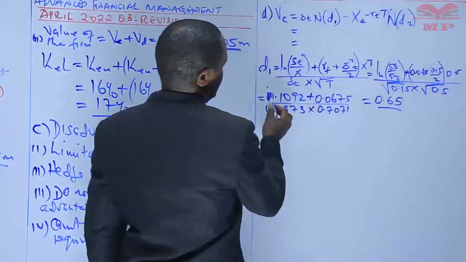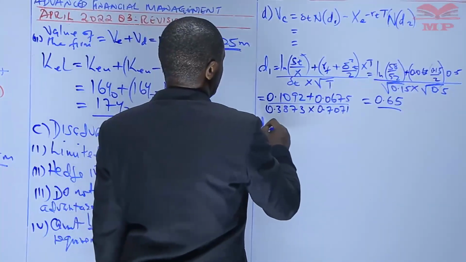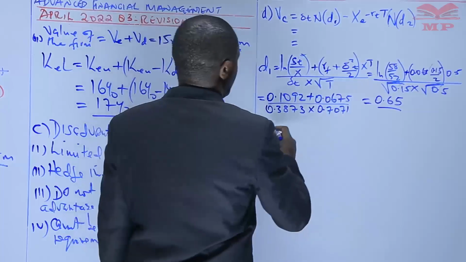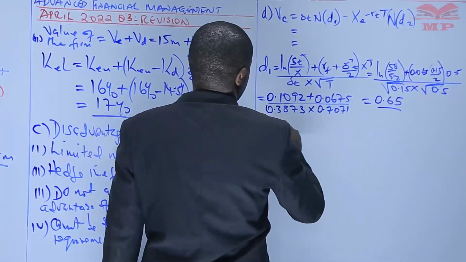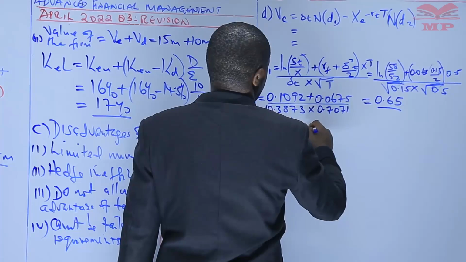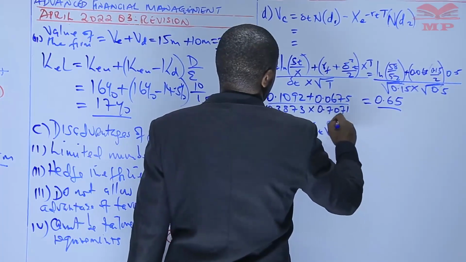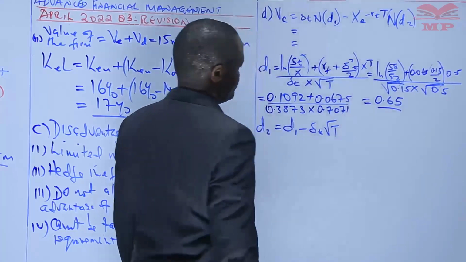That is D1. Then D2, the formula for D2 is D1 minus the standard deviation times the square root of time.